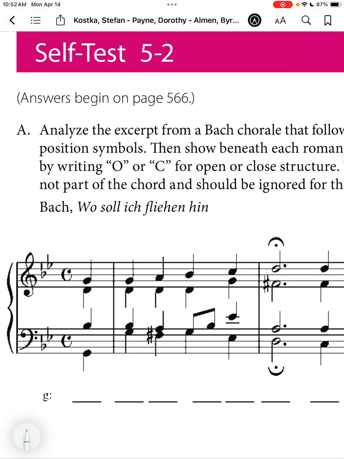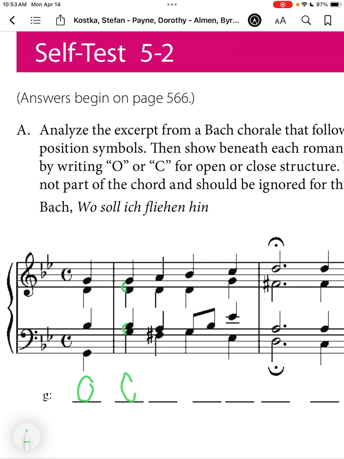So you write open and close. I'm just going to write it just like it is, just to try it. I think this is open, because the G is an open octave right there. For this one, this has got to be closed, because you have your bass and tenor a third apart, and your alto and soprano at least a fourth.